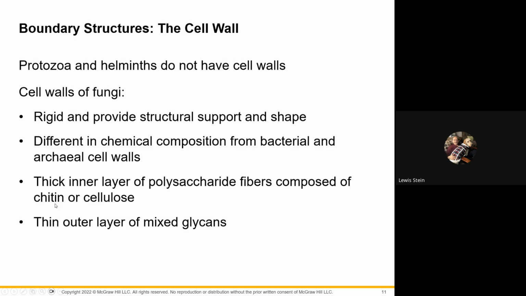What is chitin? Cellulose, as you might recall, is all glucose. Chitin involves nitrogen-containing chains of carbohydrates. It's the stuff that insect shells are made of, like crab leg shells. Those are chitinous exoskeletons. Okay, chitin.